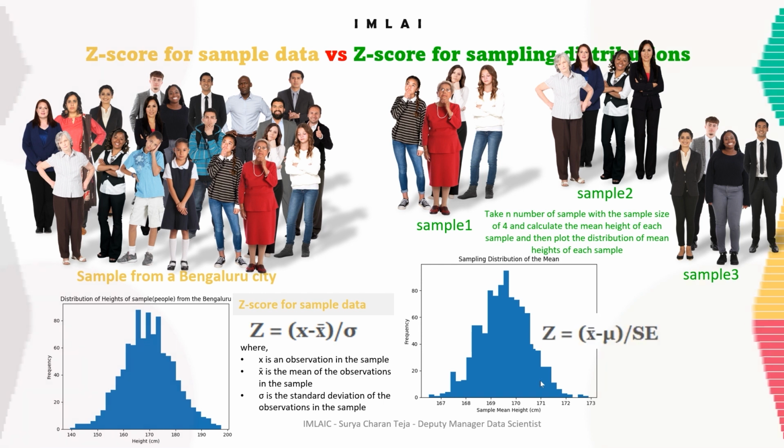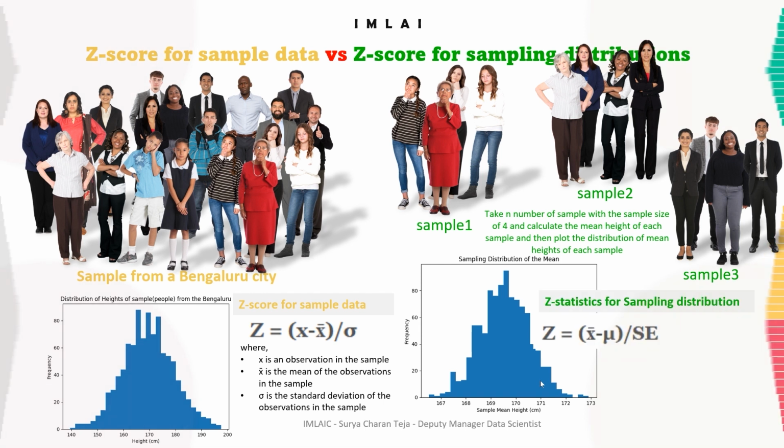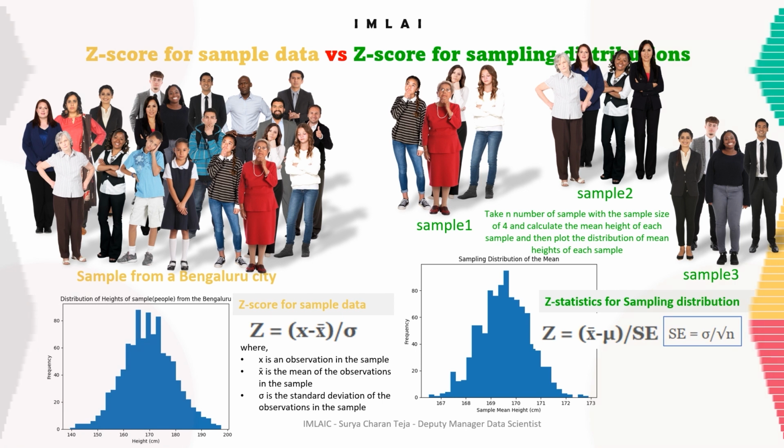Okay, now let's see the z-statistic for sampling distribution. The formula is z equals x bar minus mu divided by SE. So in this case x bar is the sample mean, and mu is the population mean, or mean of the observations in the population. In this case, the mean height of the whole Bengaluru population.